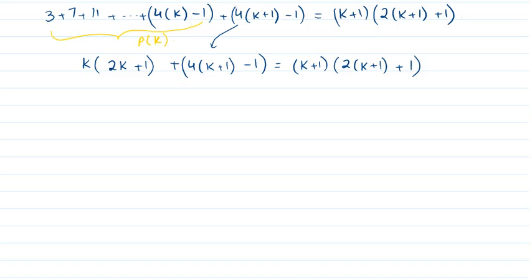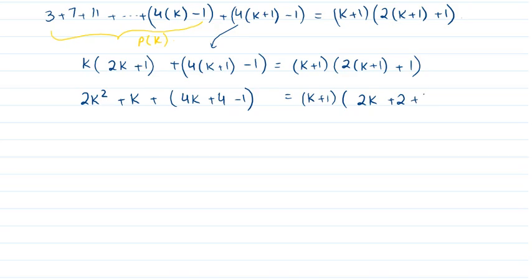okay जी. Now solving it, simplifying it in fact, this is going to be 2k square plus k plus 4k plus 4 minus 1. And also simplifying a bit on the right hand side, this is going to be 2k plus 2 plus 1, right? So this is going to be 2k square plus k plus 4k plus 3.